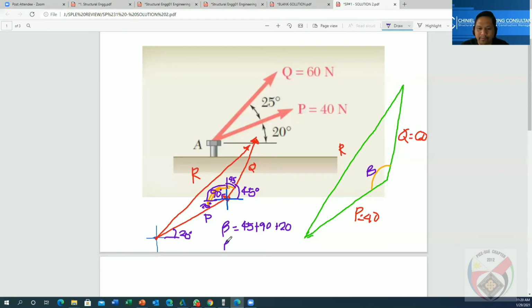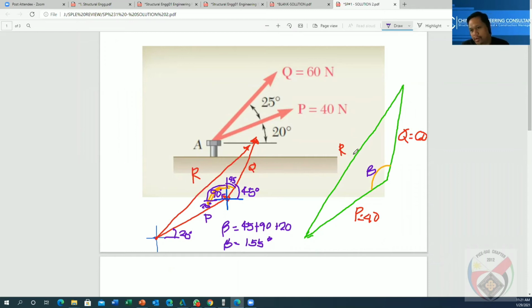So beta is 155 degrees. Okay, so tama. Yung iba dyan na sumagot ng 205, okay lang yan. So beta is 155 degrees.